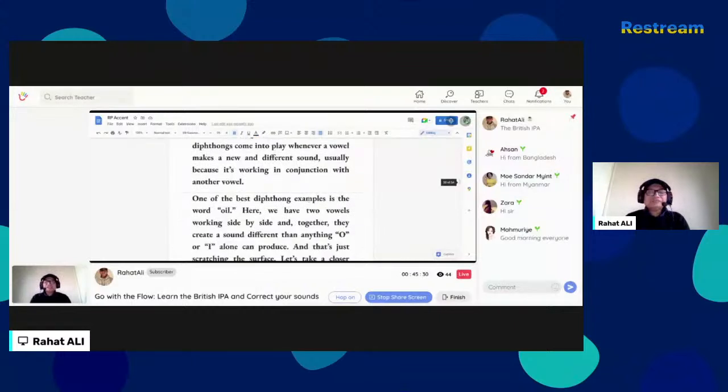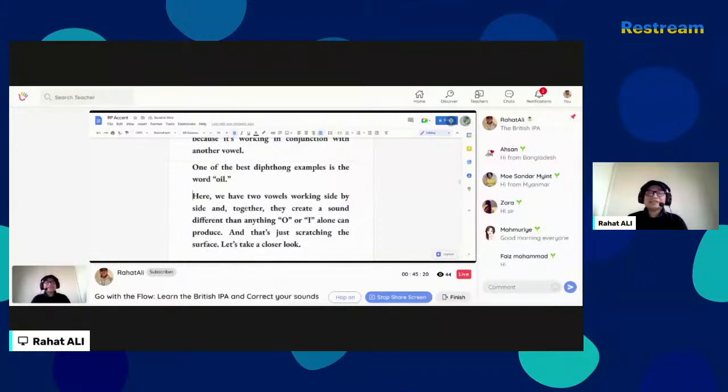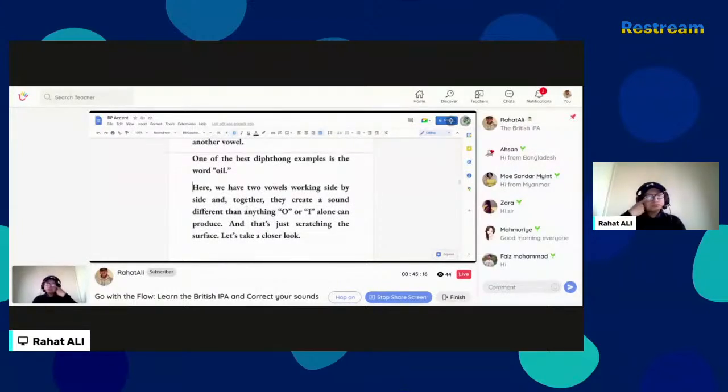One of the best diphthong examples is the word well. Here we have two vowels working side by side and together. Together, they create a sound different than anything O and I alone can produce.